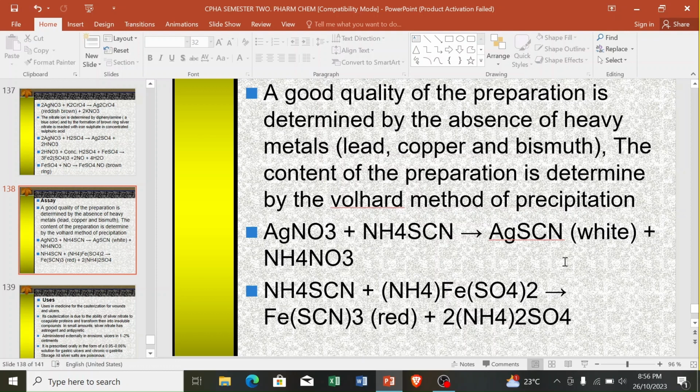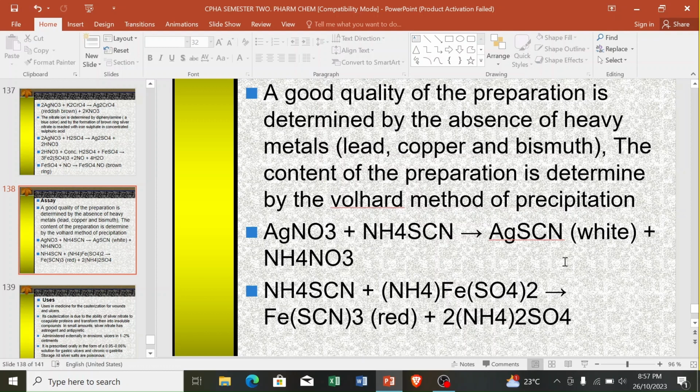Okay, so that is the assay. We have the reagents, and then we have the method. There is no need for an indicator. This specific method of assay happens without indicator.